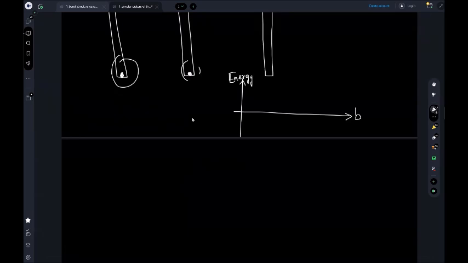As the distance between atoms decreases, let's say this is a faraway separation, the atoms are far away, a single energy begins to split into two energy levels as atoms are brought closer. And let's say this will be equal to E2, this will be equal to E1.